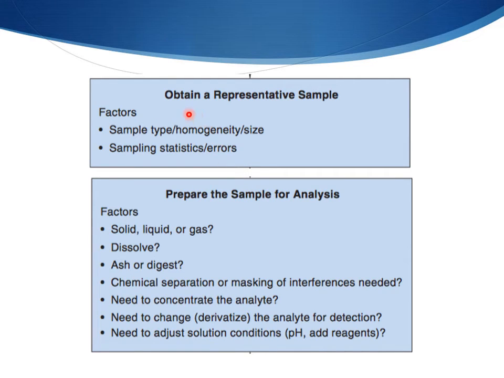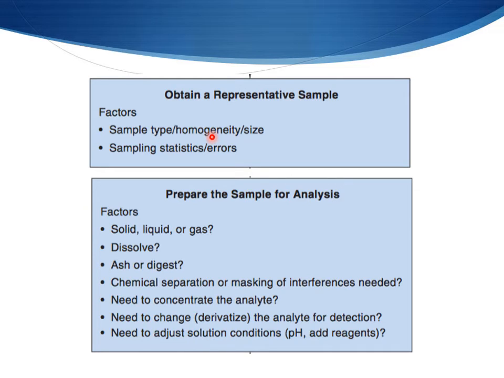As we have already said, obtaining a representative sample is very important. For example, if we have a very big community out of which we have to perform some experimentation, then the sample which we select should be representative of the community. So we have to consider which type of sample we should take.